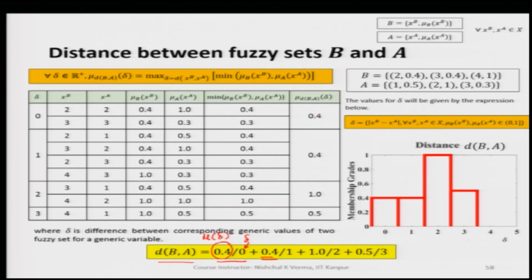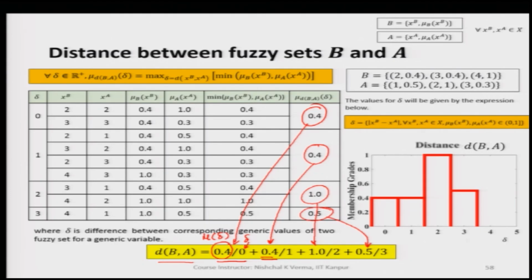This 0.4 is from here, and then for delta is equal to 1 we get the corresponding membership value from here, similarly for delta is equal to 2 we get the corresponding membership value here, and for delta is equal to 3 as well.